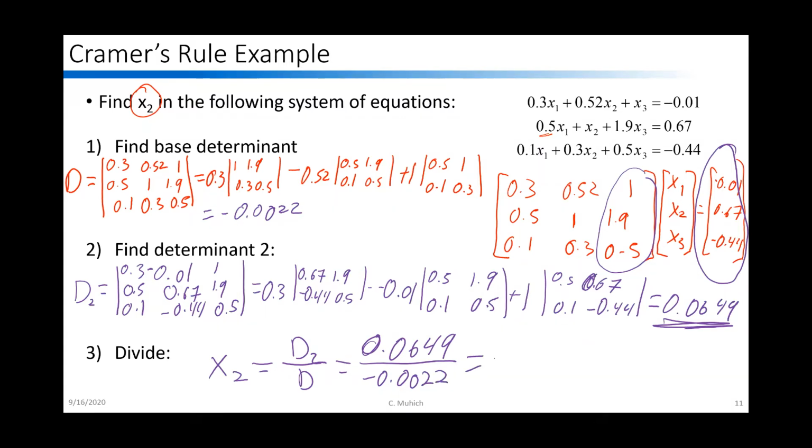Sitting here, we can get out our calculators and do the math. This ends up being 29.5. So in essence, we now have a method to solve out the x2's in this equation using Cramer's rule.